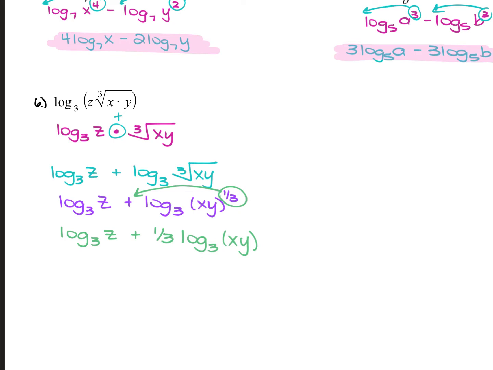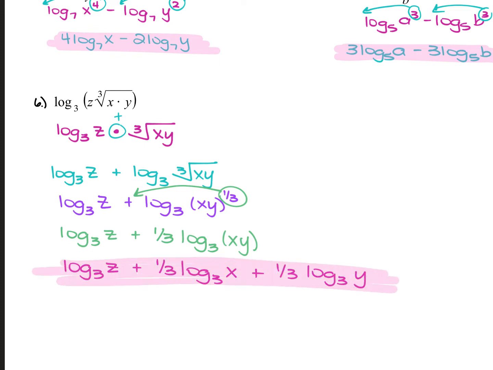So that means that you're going to have log 3 of z plus 1/3 log 3 of x plus 1/3 log 3 of y. Because both the x and the y are underneath that radical of that third root, they both have to have that 1/3 in front of their log.